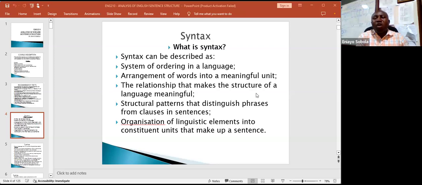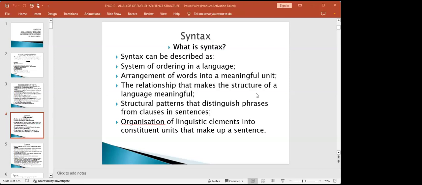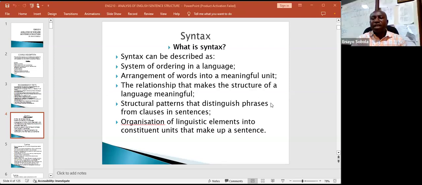How do you organize them, arrange them to make a unit, in order to produce the units that can be combined to form a sentence? So we need to combine them together to make units, and the units must give us a meaningful sentence.